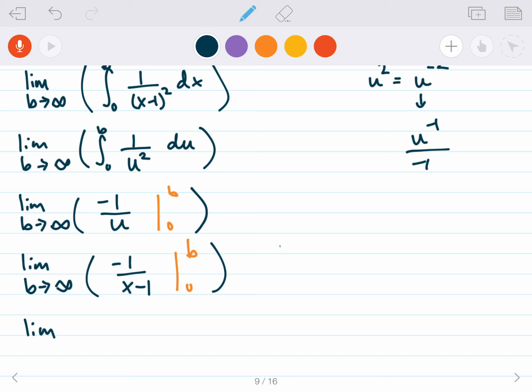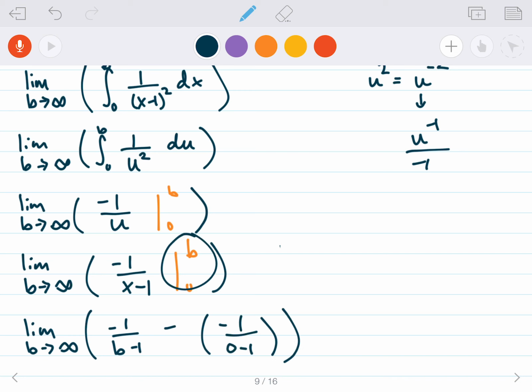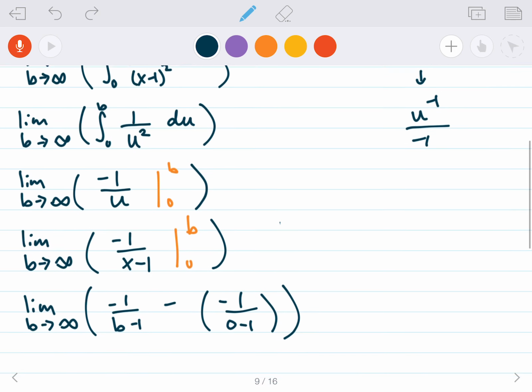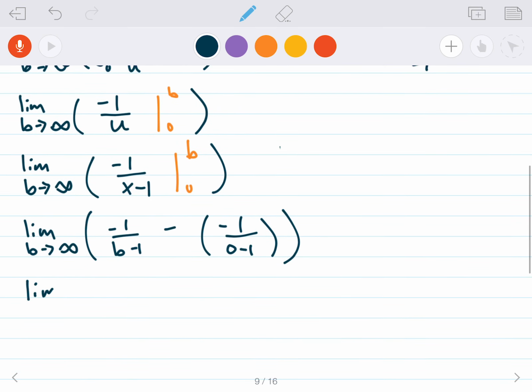So keeping that limit on the outside, we have negative 1 over b minus 1 minus negative 1 over 0 minus 1. Just evaluating at those limits. Cleaning this up a little bit, we get -1 over b minus 1, and then this is +1, a negative and a positive make a -1.